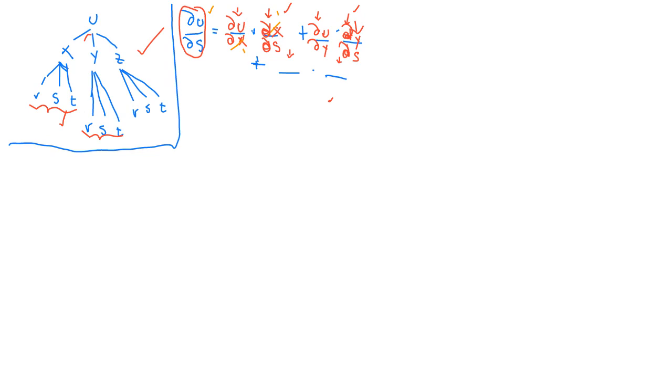Okay. And then finally, the last link is going to be the partial of u with respect to z times the partial of z with respect to s. You see how this is working? Are there any questions? All right, Jamal's comfortable and Robin's comfortable.